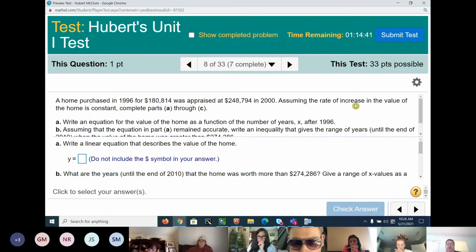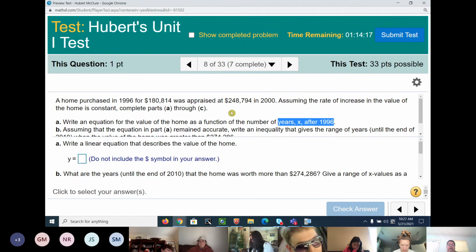Assume the rate increase in the value of the home is constant. And years after 1996, you need to write this down right here. Years after 1996. So that one is 0 at that number, and this is 4 at that number.